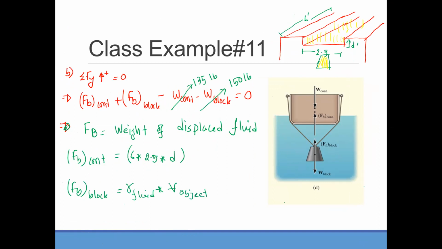We know gamma is 62.4, but we don't know anything about this block, area-wise or volume-wise.